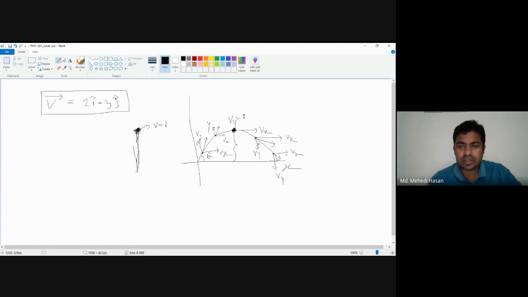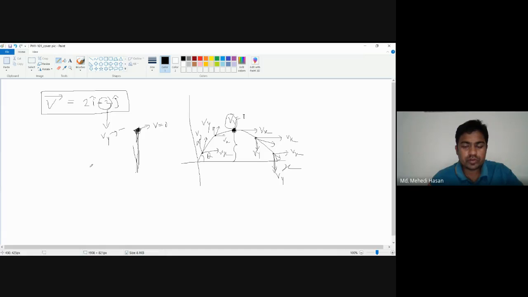At the highest point the y component is 0, and before the highest point the y components are positive. Here the y component of the velocity is negative, downward. So from that information, since the y component of the velocity is negative, this projectile has crossed the highest point.